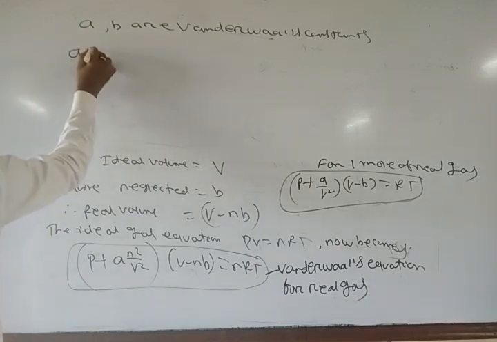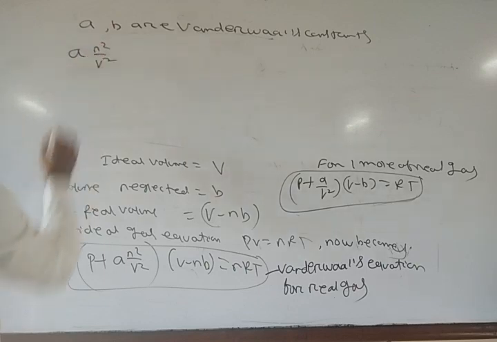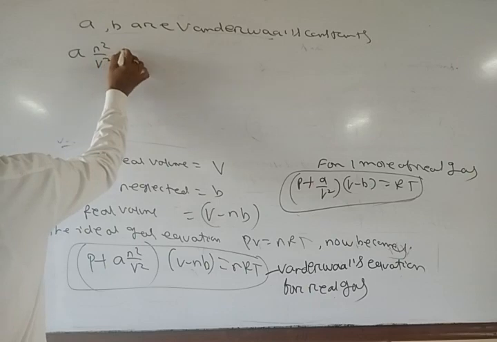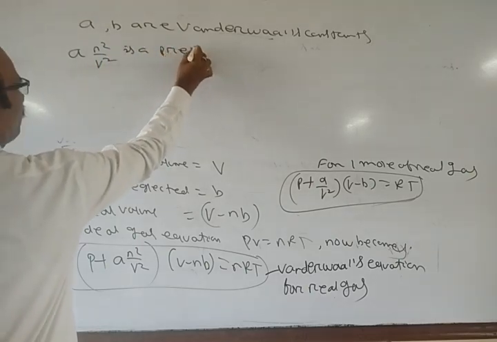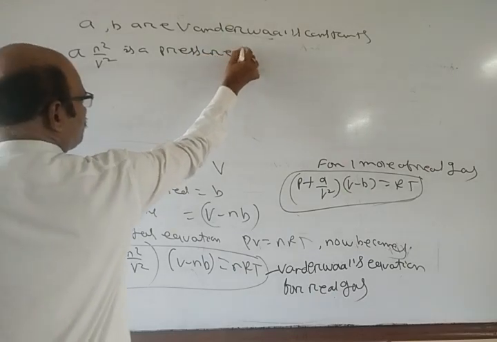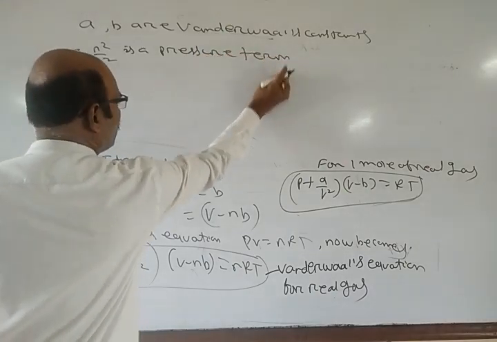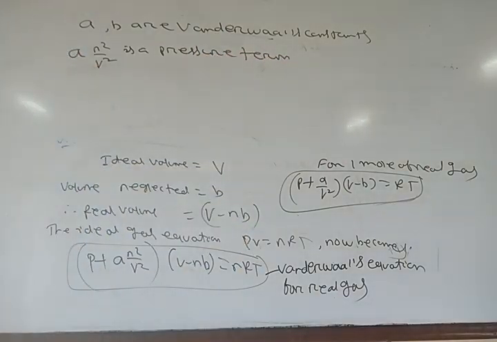Now a n square by V square is a pressure term.